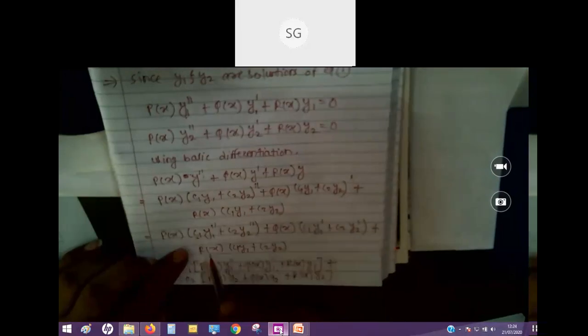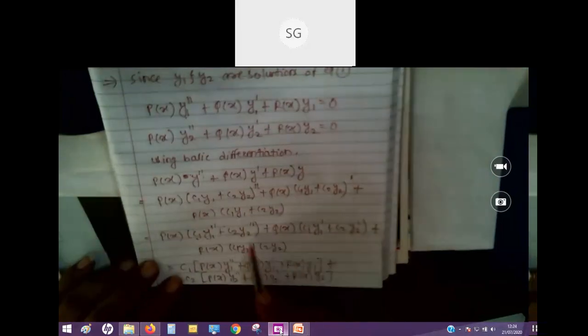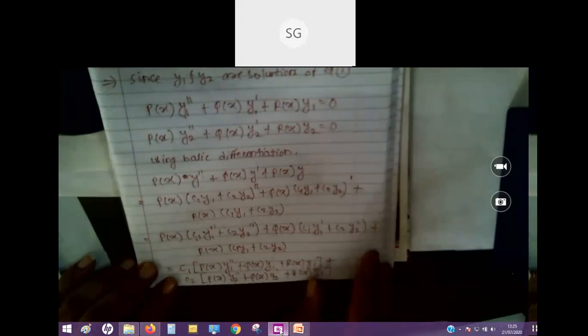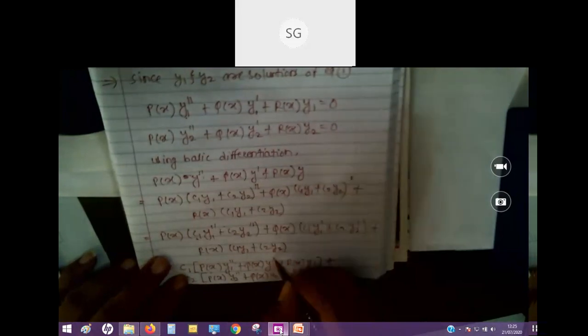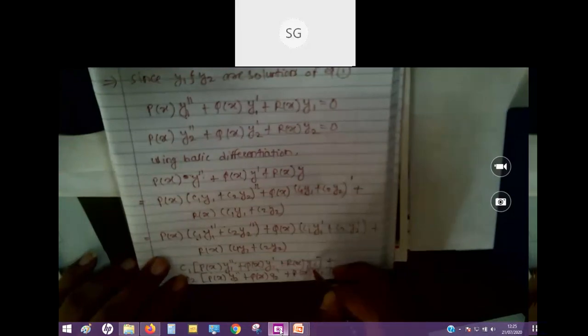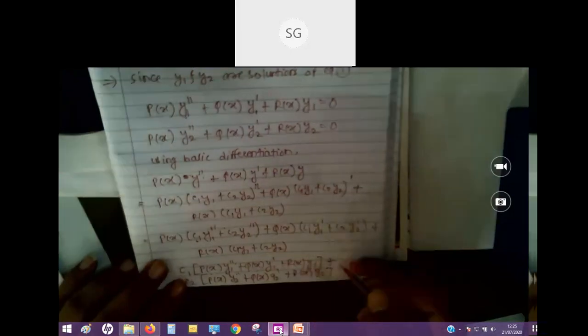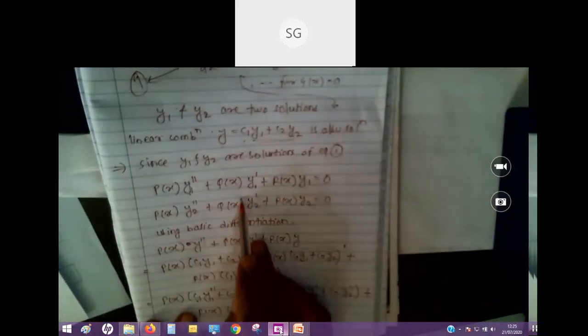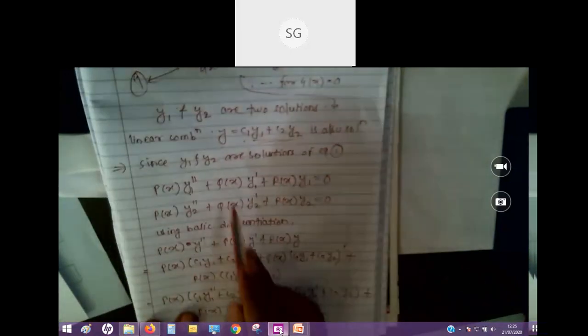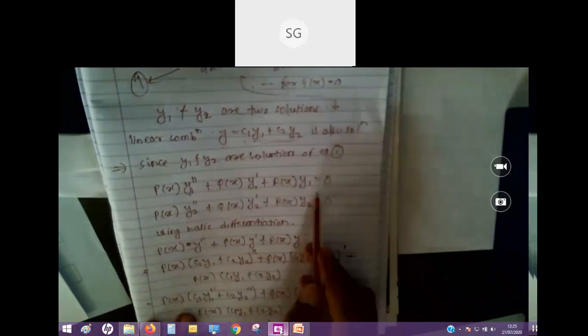Only we have taken c1 and c2 common from the above step. Now what you are seeing here, p of x y1 double dash plus q of x y1 dash plus r of x y1, we have seen this term in the earlier step, and its value is 0.